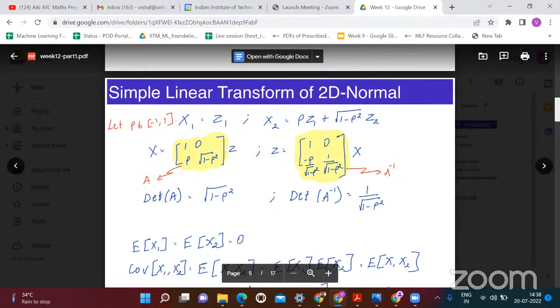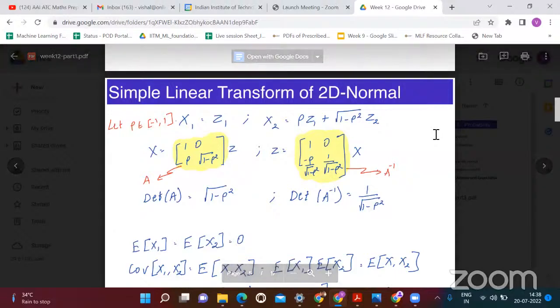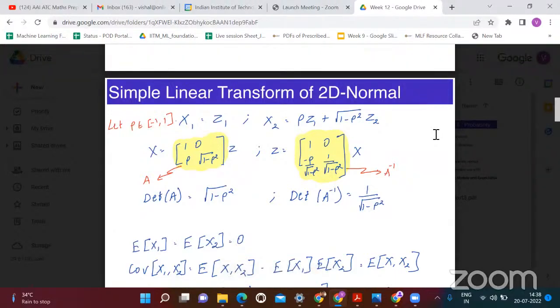It's a random transformation, and the rho value and the square root of 1 minus rho squared are taken into consideration so that the final equation we get in the end will be simplified. Somebody can wonder why we take x2 as the transformation with rho z1 only; we could take something else also. The professor took this so that the simplification becomes simpler, and in the end you will see a good result.